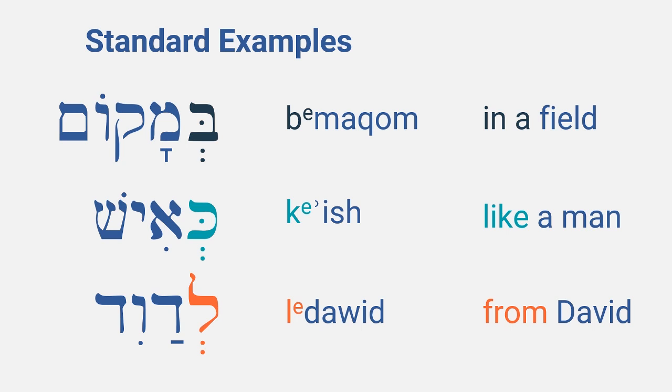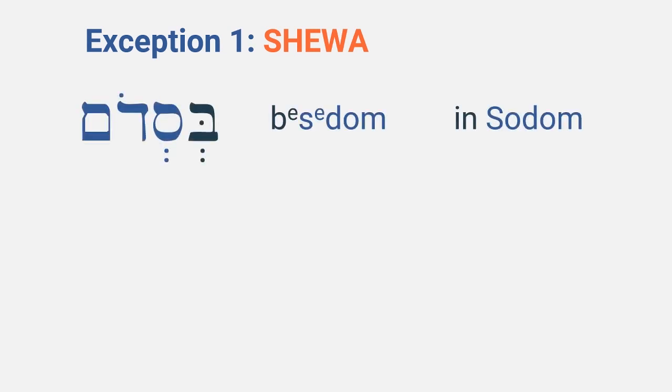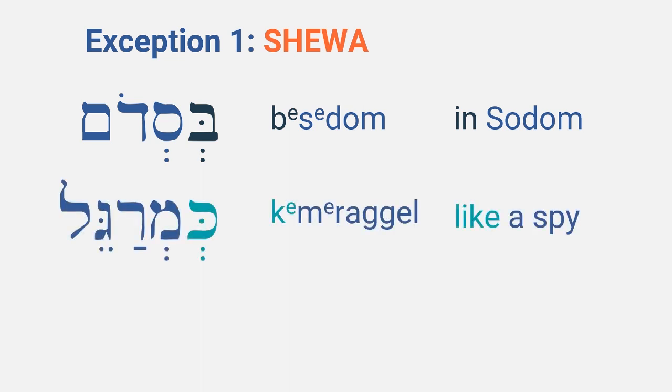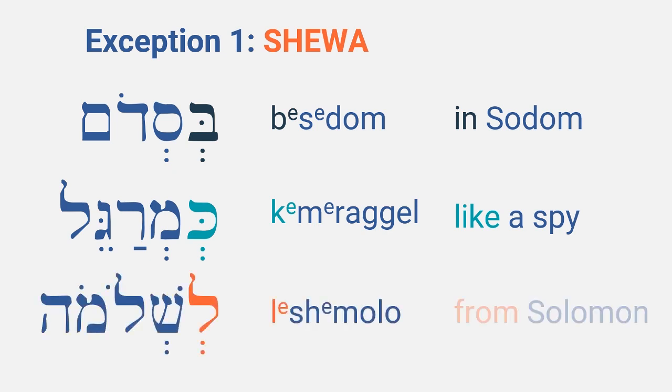So that was pretty simple. Now let's make it a little bit more complicated. What if the first vowel of the word is also a shewa? Now then you have 2 shewas in a row at the beginning of a word. In which case, if you remember the rules about the shewa from my video about the shewa, this means that... wait a minute.